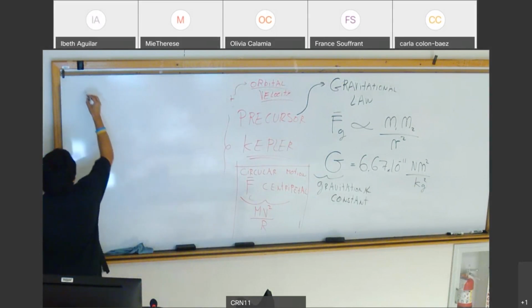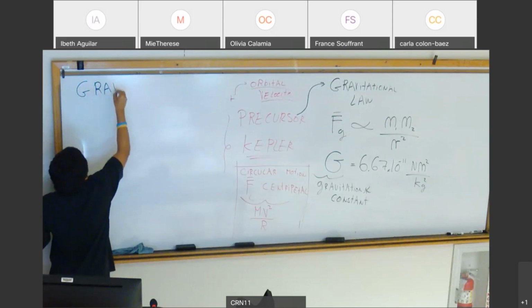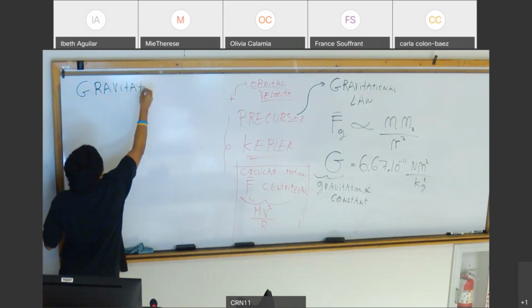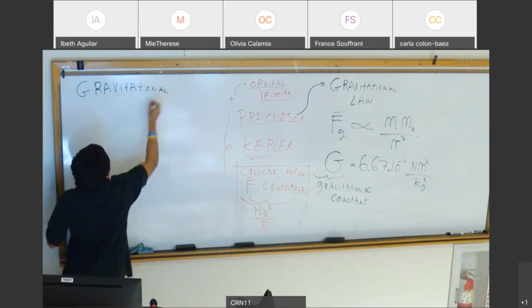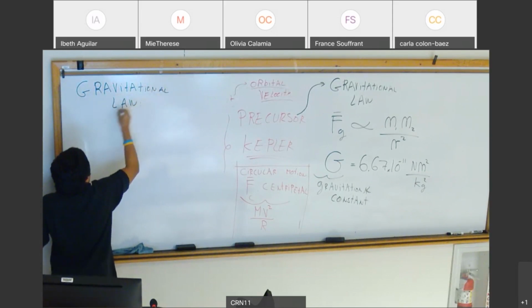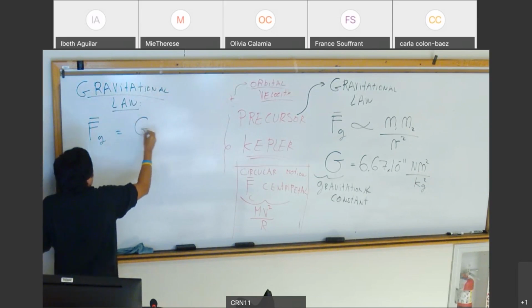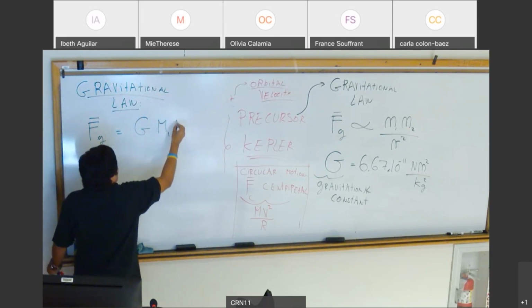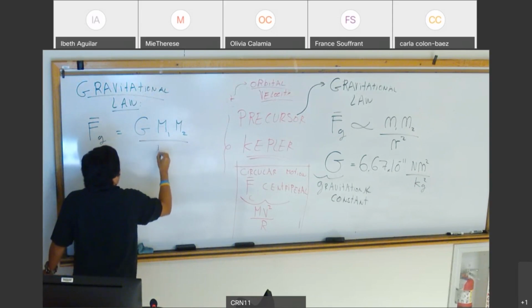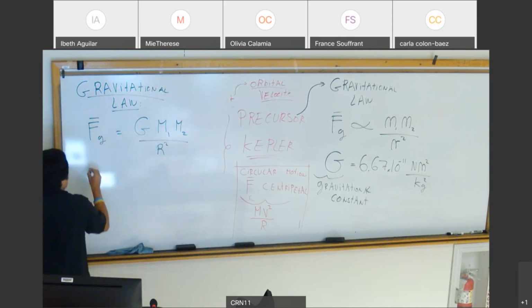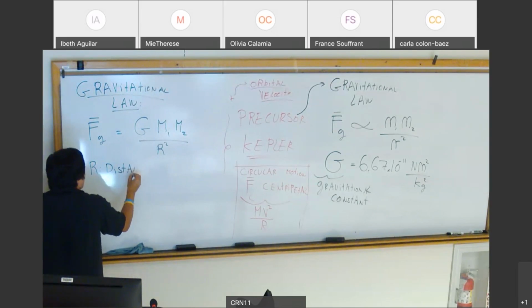So the gravitational law is written as G m1 m2 over r squared, where r is the distance. The masses are m1 and m2, and G is just a constant.